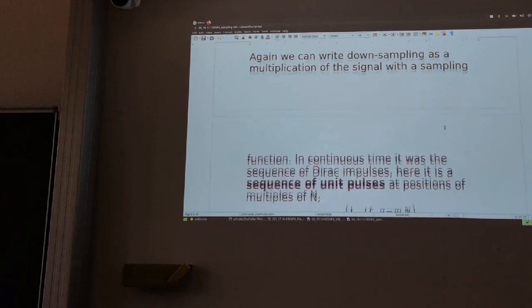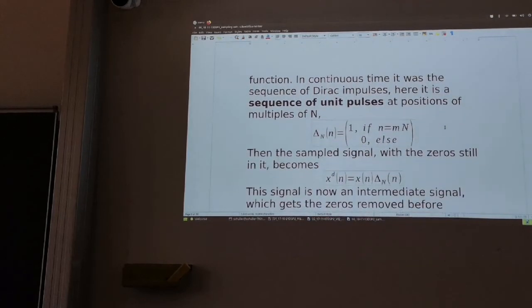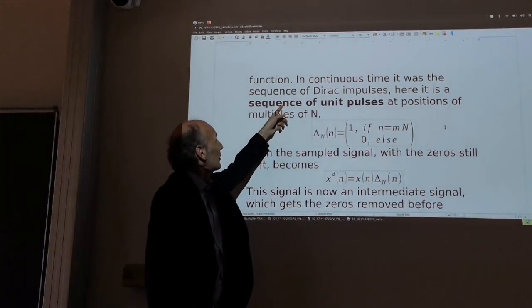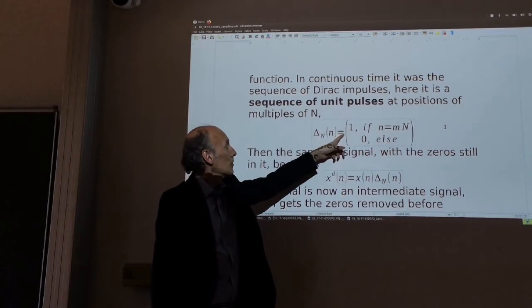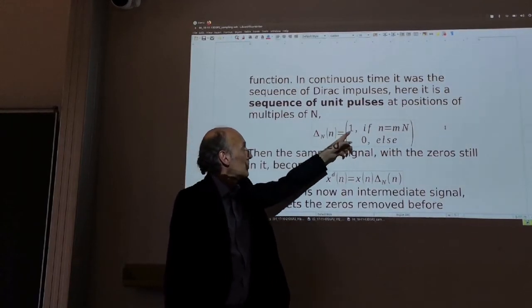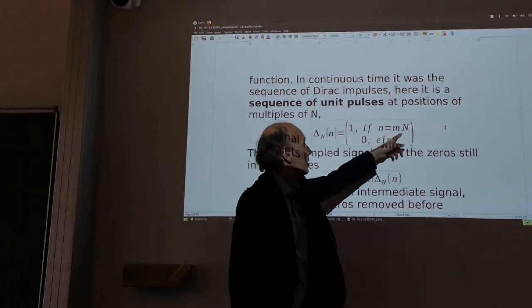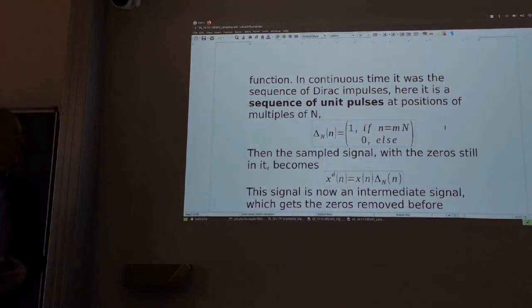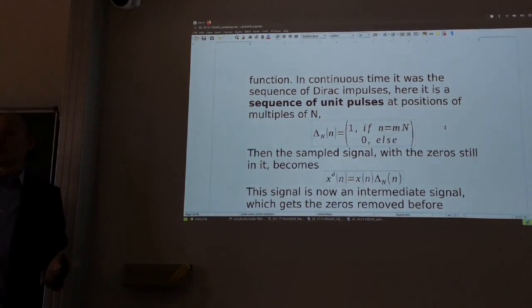In continuous time, it is a sequence of Dirac pulses, and here it's a sequence of unit pulses. So here you can see it. We have a 1 if n is an integer multiple of N and 0 in between. This is like we did in continuous time, but now in discrete time.